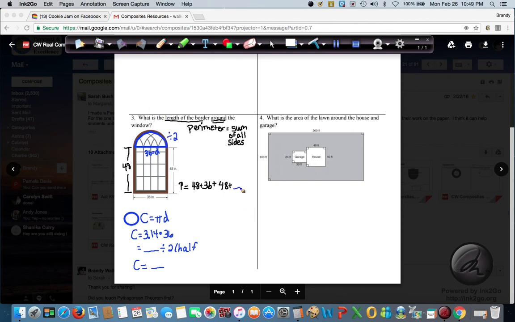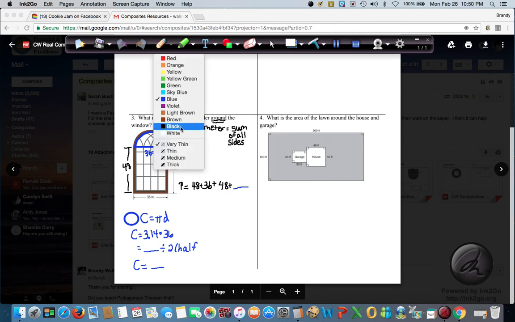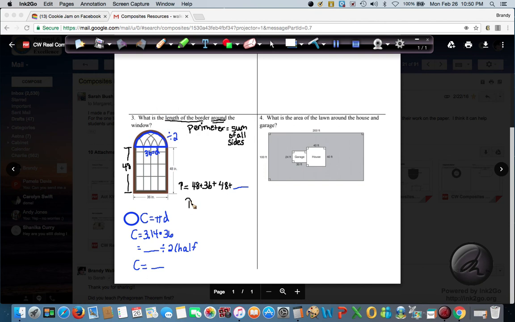So I'm going to put a blue line for that. So 1, 2, 3, you should have 4 numbers that you're adding together, and that will give you your total perimeter.